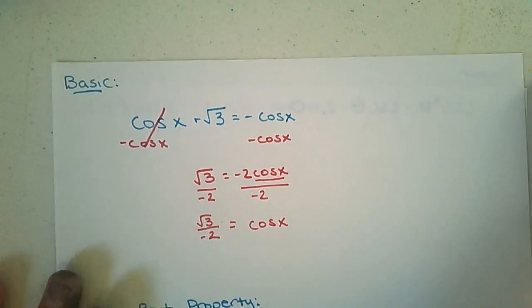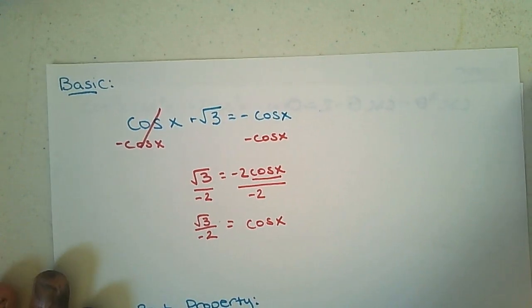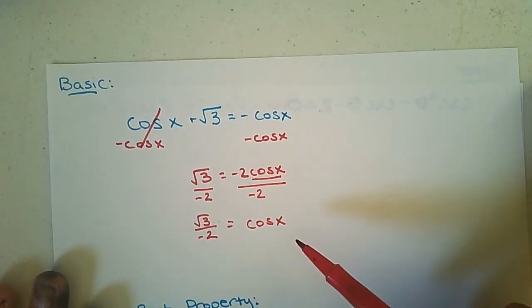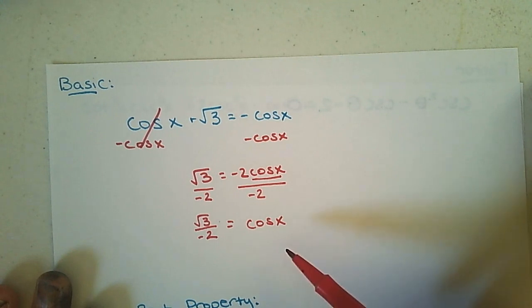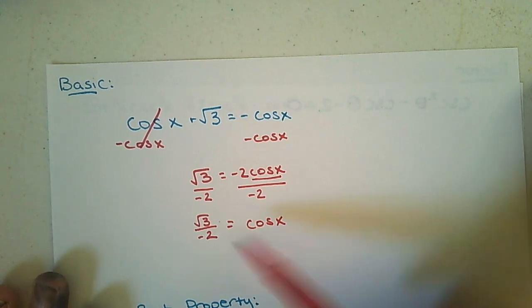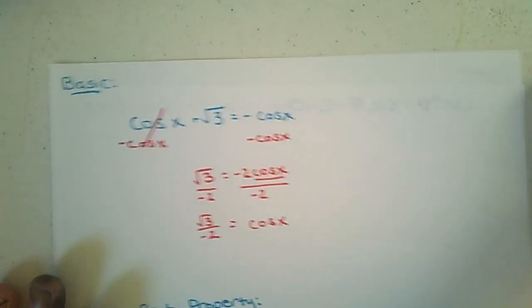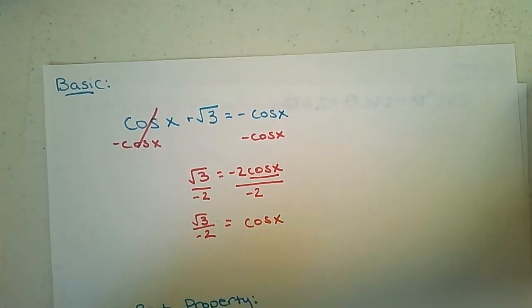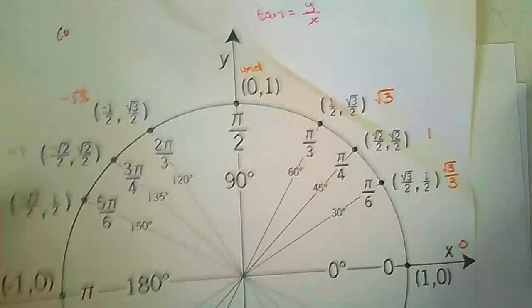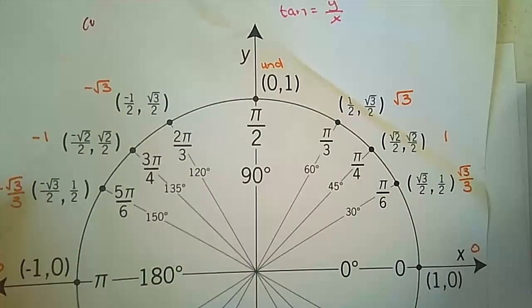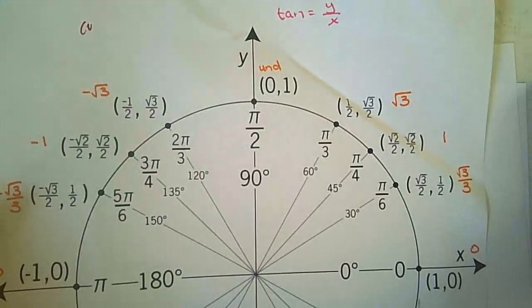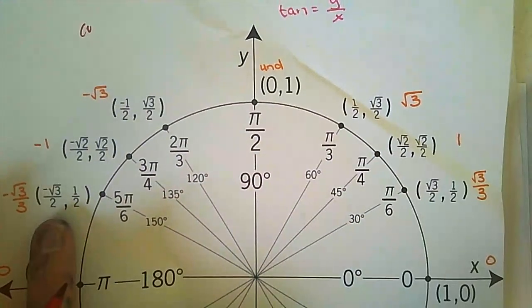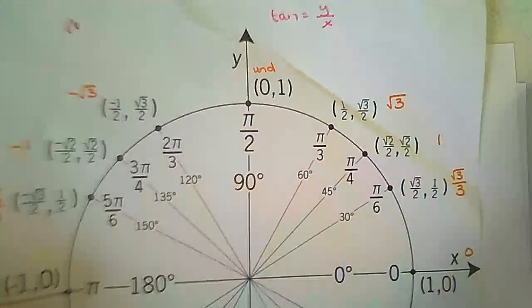And now in order to solve for x, we have to take one more step. Remember, x is really an angle. So we need to go ahead and, on our unit circle, figure out all of the places where cosine, where our x values, are negative square root of 3 over 2. My unit circle is getting a little beat up, but it looks like there's one right there at 5 pi over 6.